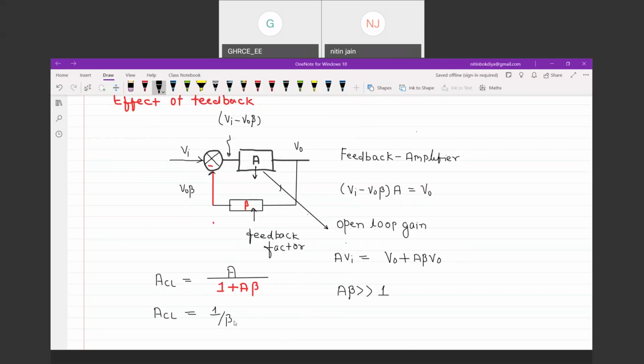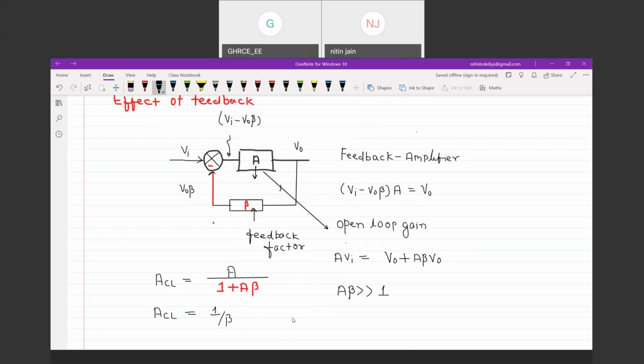And what is the meaning of this? The meaning of this is desensitization. तो अगर आपसे पूछा जाए कि what is the one word answer for feedback? Why is feedback important?